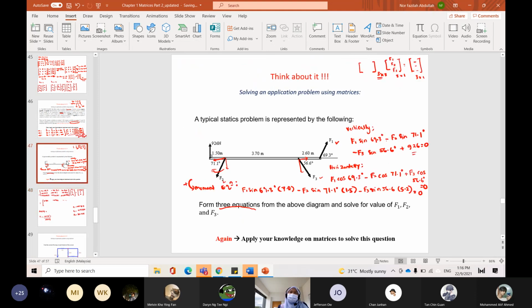So that is how we solve this static problem by using a matrix. Actually there are so many engineering problems we can solve using matrices, because a matrix actually represents a kind of array. Inside one element of the matrix, we can actually put an array.